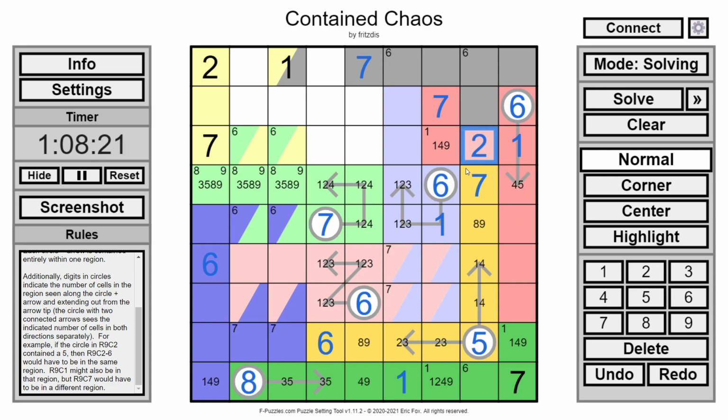It makes this a 2, it makes this a 4 or a 9. Does that matter? I guess this has to be a 6, this has to be a 2. I don't know, this is just going down a rabbit hole here, okay.